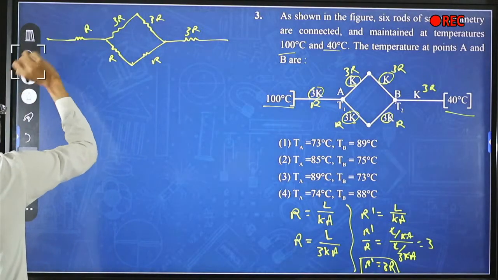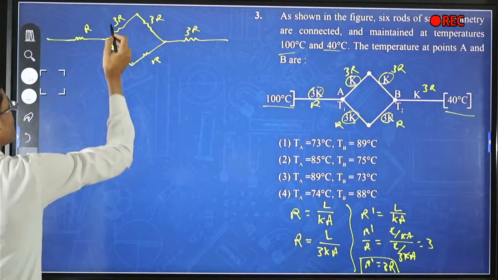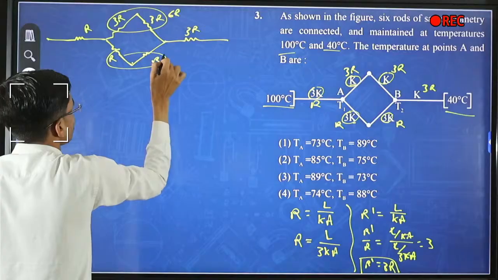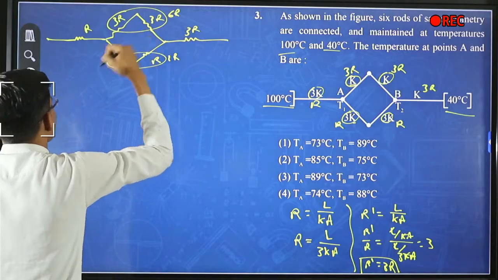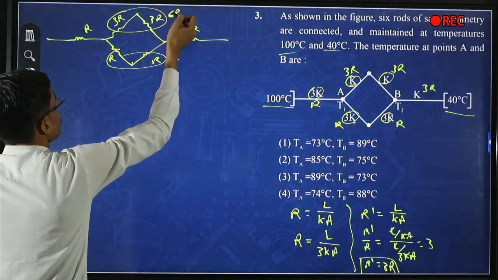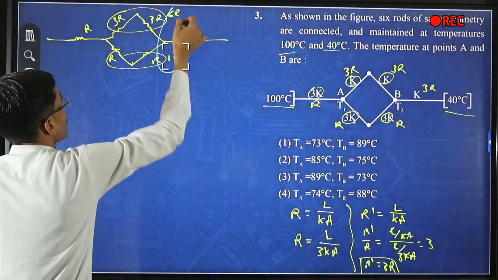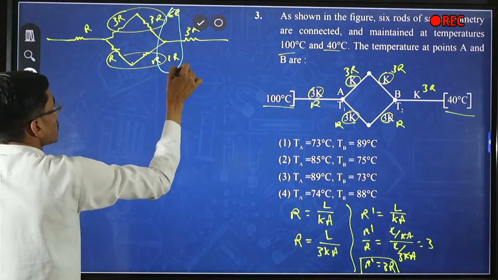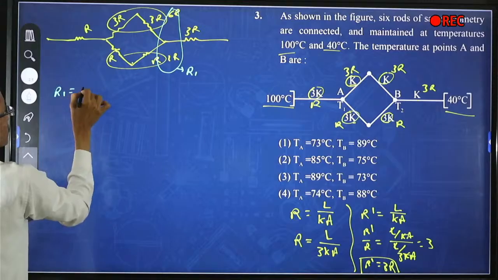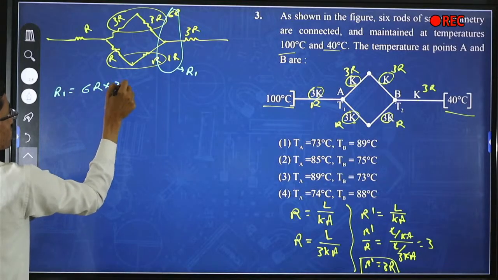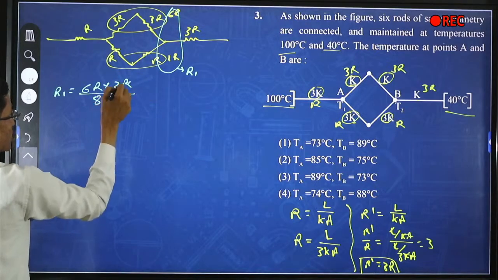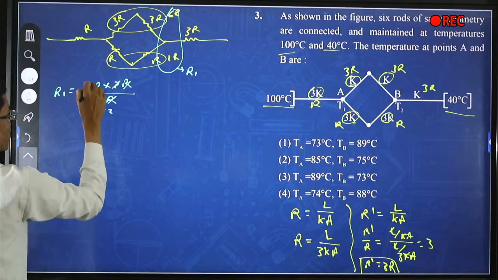So the equivalent of this will become 6R, and this will be 2R. Now 2R and 6R are in parallel. Let us say this is R1. So R1 will become 6R into 2R divided by 6 plus 2, which is 8. R cancels, 2 into 4, 2 into 3.